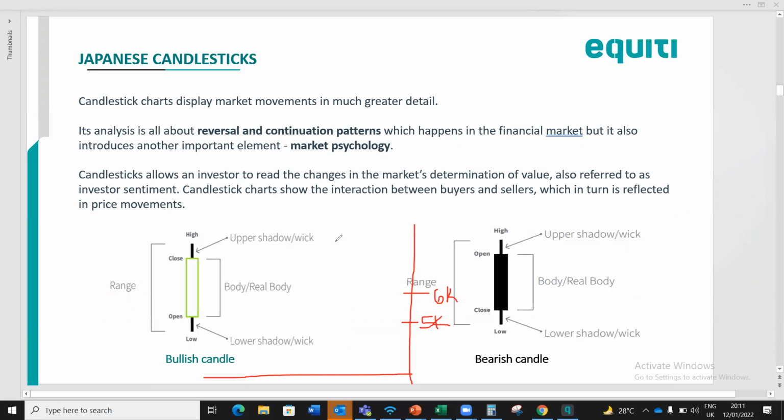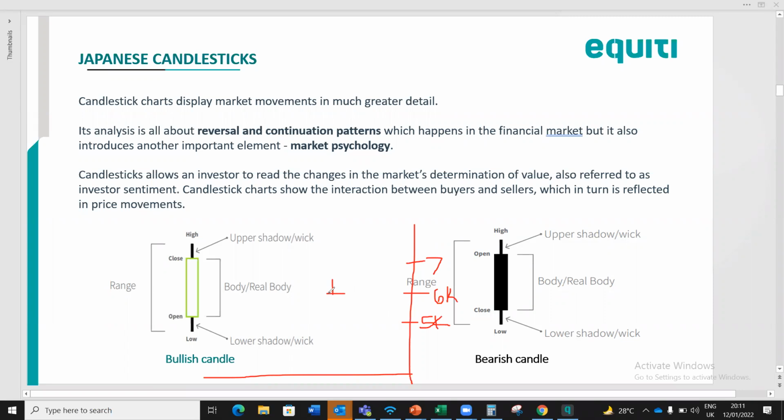All right. So permit me, I'll take this really quick. Let's assume that this is price level 7, right? Now, let's assume that the bag of rice opened at 6,000 today. All right. But buyers were able to push prices up to 6,500. All right.